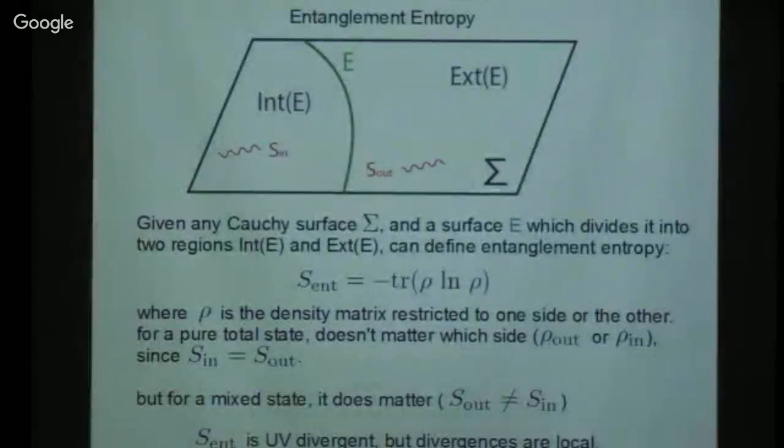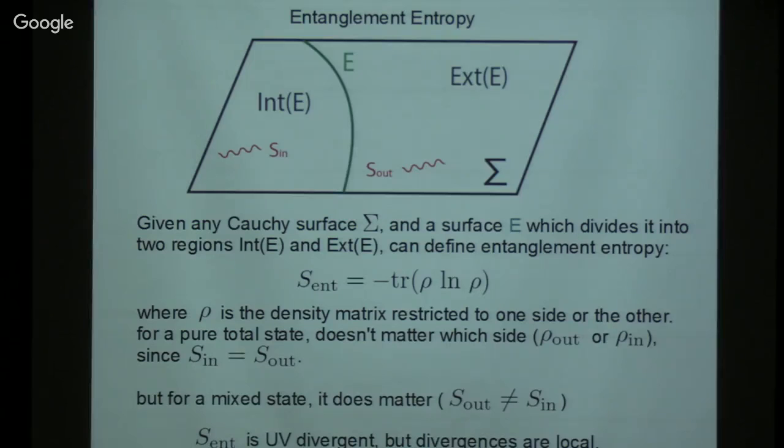So if you take a Cauchy surface, which is our name for space at one time, so this is like a three-dimensional space, and you imagine a surface which divides it into two regions that we could arbitrarily call the interior and the exterior. We have some sort of state of quantum field theory having quanta or whatever of this space-time.